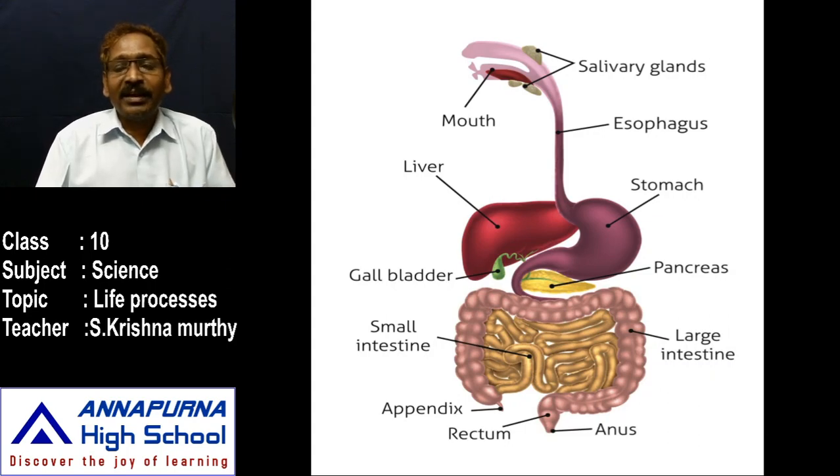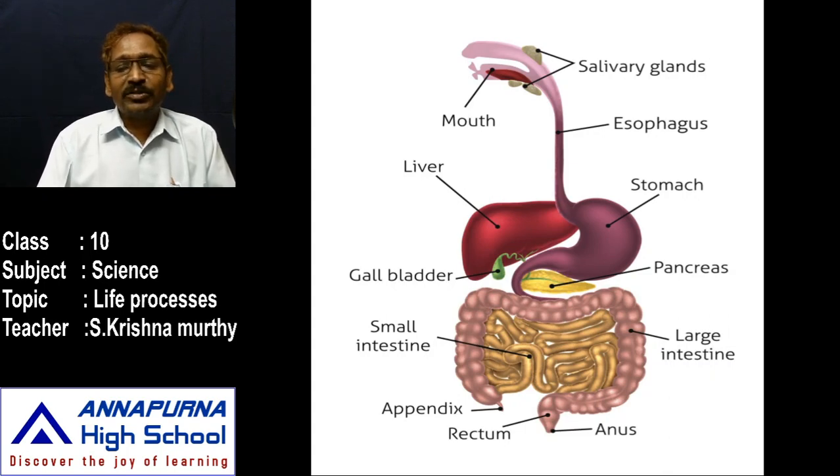The liver can separate the toxic and pure material. The pure material is sent all over the body, and the separated toxic or waste material is sent into the hepatopancreatic duct as bile juice.